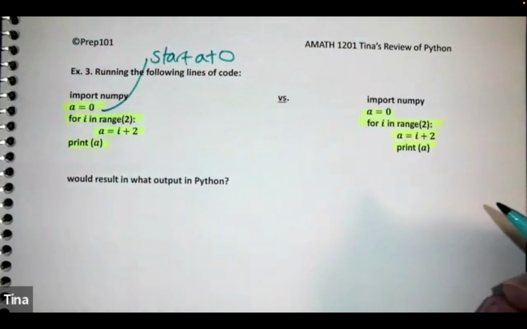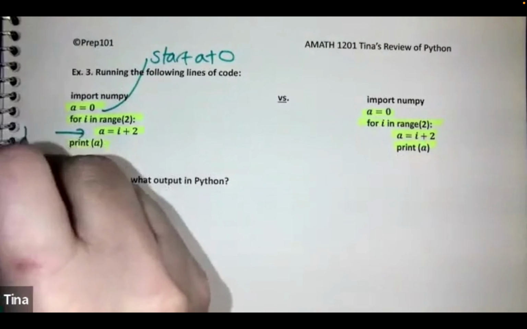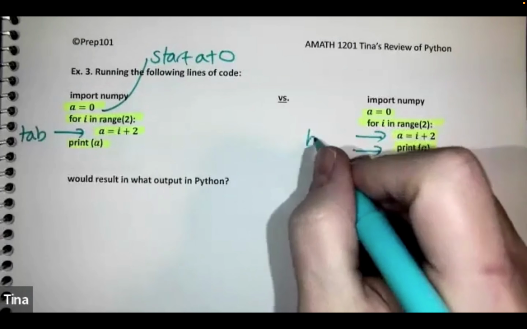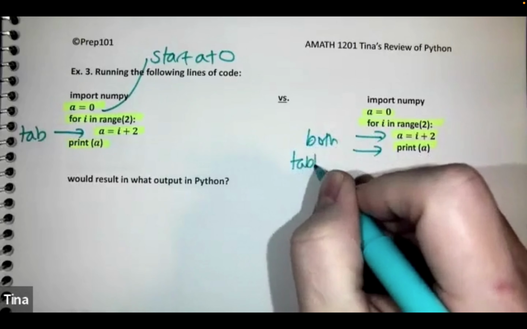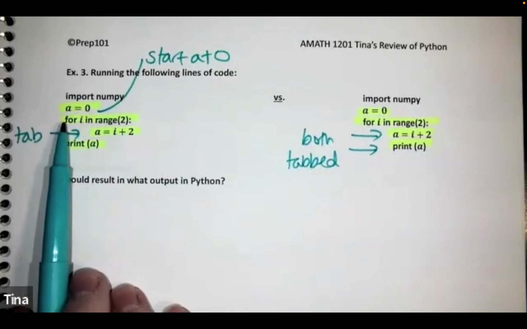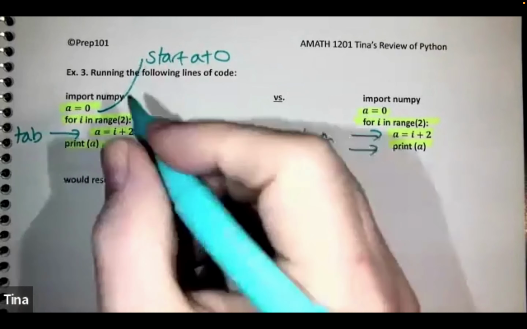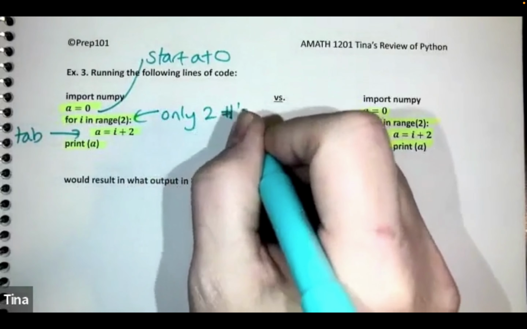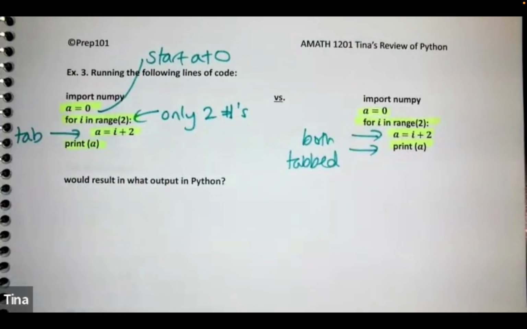Now, see how there's a tab here, like it spaces in, and this one has 2 tabs. They're both tabbed. So when it says a equals 0, for i in range 2, the range 2 means that there's only 2 numbers. Okay, so if you're starting at 0, and there's only 2 numbers, that's just 0 and 1, right?